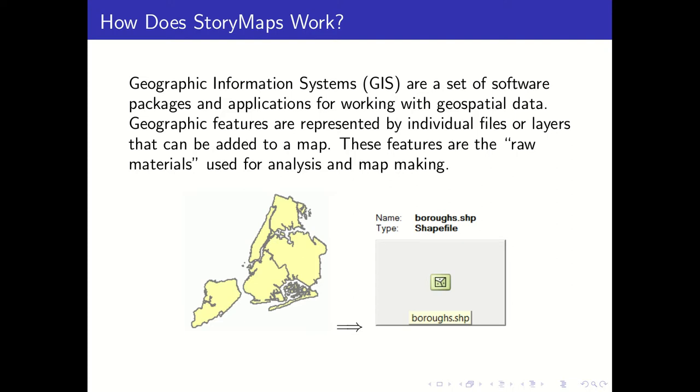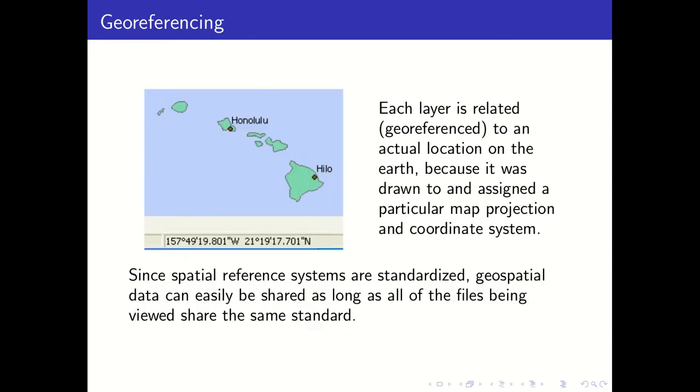These are geographic features that are represented by individual files or layers that you can add to a map. So you can have a file for police stations, a file for health districts, a file for roads. These are basically the raw materials that you can use for analysis and map making, and you bring them into the software and then you can overlay them to make maps.